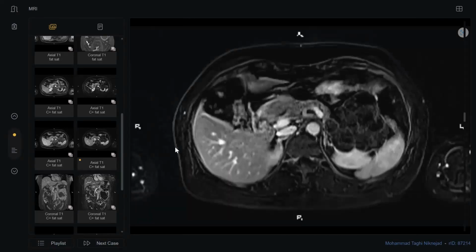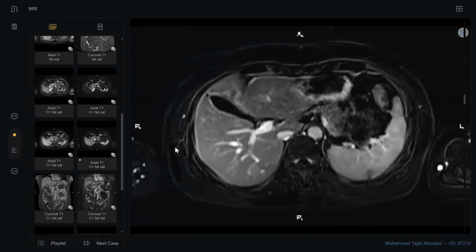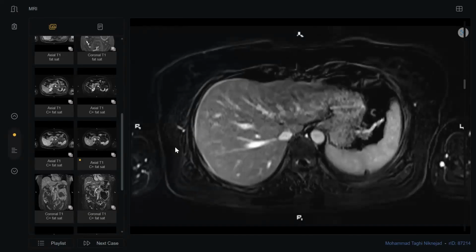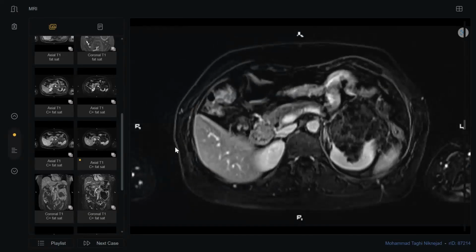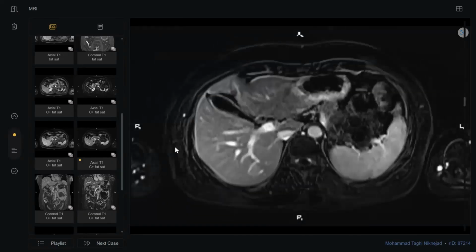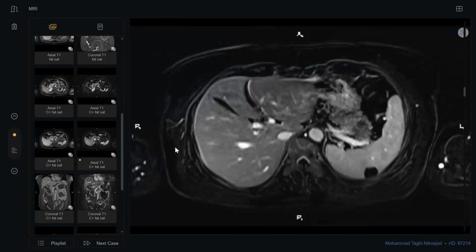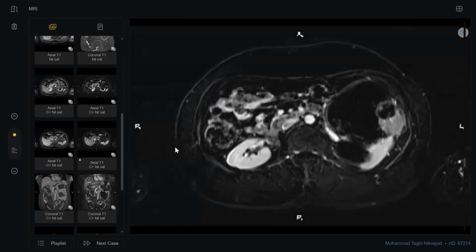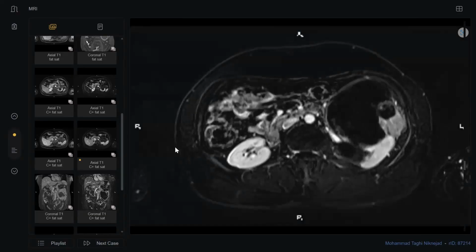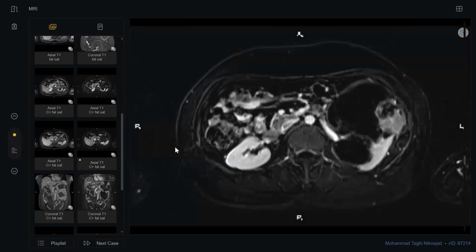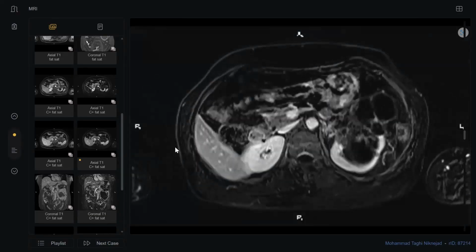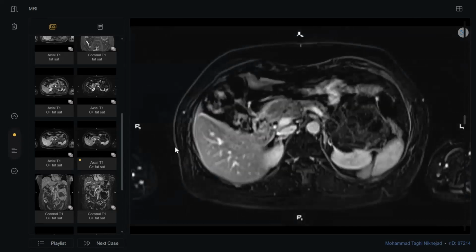You forgot, doctor, to tell me about the invasion of the renal vein and IVC. This is very important and very critical. My colleagues, for any renal mass, even if you suspect it is benign, tell the examiner whether the renal vein is invaded or not.